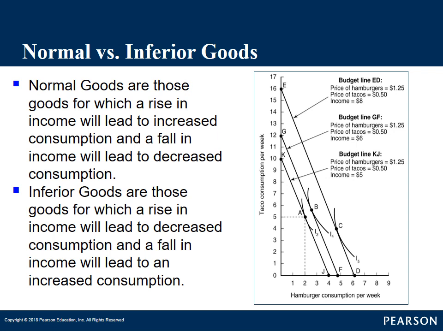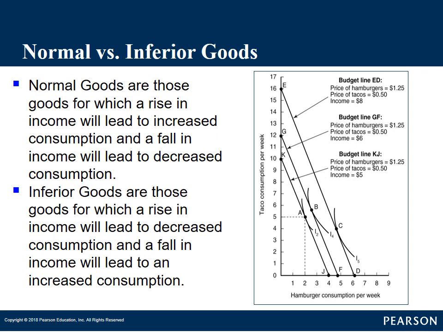So it might be likely that if you have an increased income, maybe you would go out to eat more, and so maybe your consumption of hamburgers would increase. And that would make the hamburgers a normal good. If we use ramen noodles as an example, it may be true that if your income increases, you would actually purchase and eat less ramen noodles.